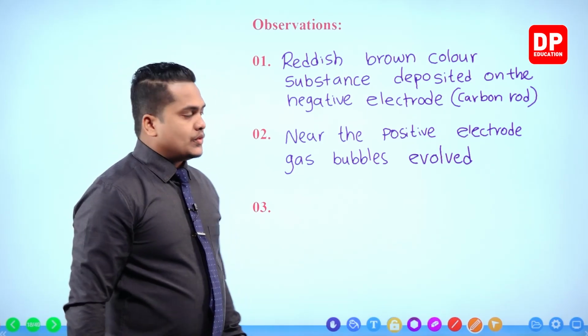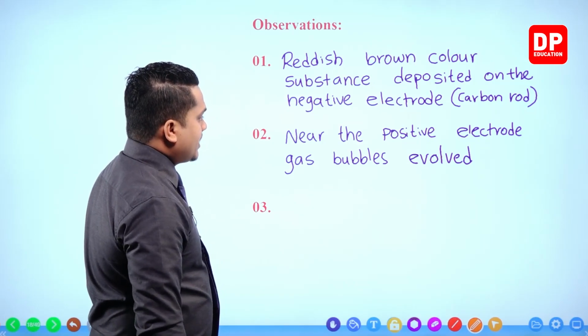Right. So near the positive electrode, my dear children, gas bubbles evolved.